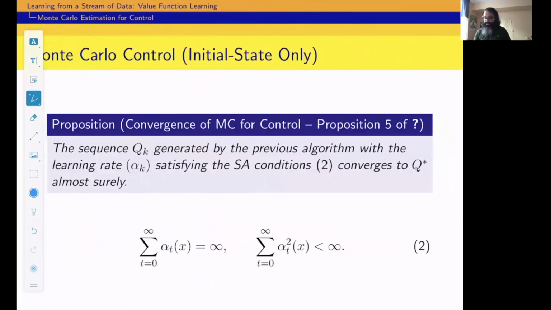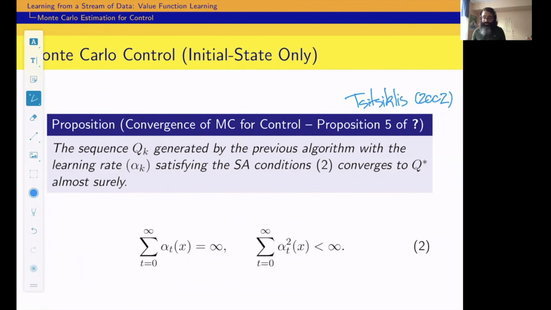And if we do this process, it can be shown, this is by Tsitsiklis, I think 2002, that the sequence of action value functions generated by this algorithm, with proper choice of learning rate, converges to Q star.